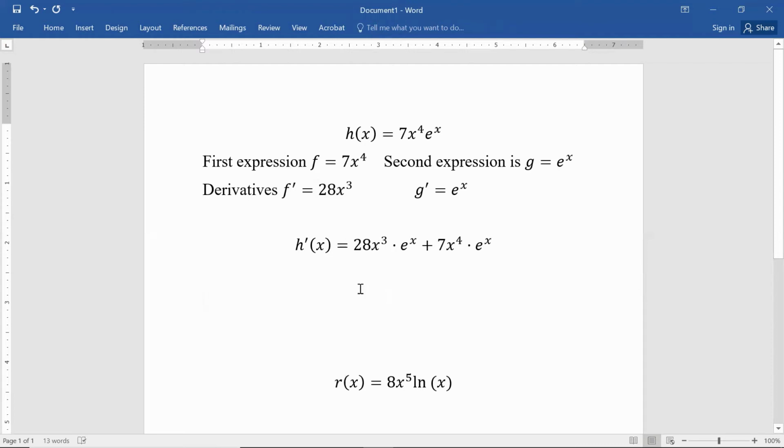And there you go. So that's the derivative of h of x.